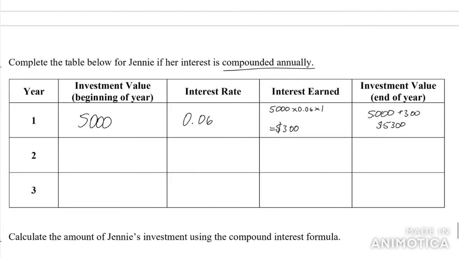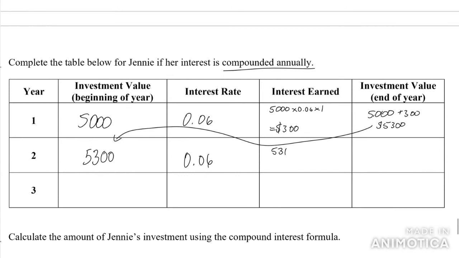So the new amount that she's going to invest, I take this and I put it in here. Because at the start of the second year, she's going to have $5,300 in her account. Interest rate has not changed, but now the interest earned, I'm going to calculate from this. And I'm already making a mistake, or I'm not making a mistake.